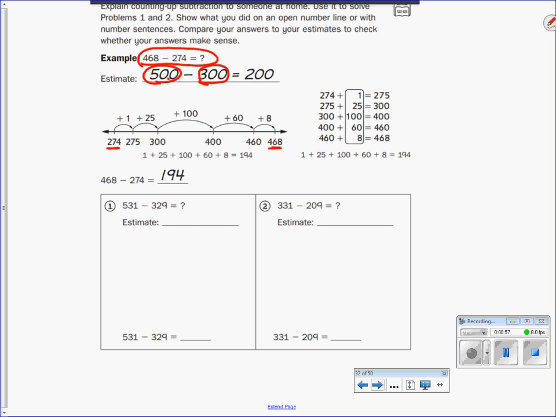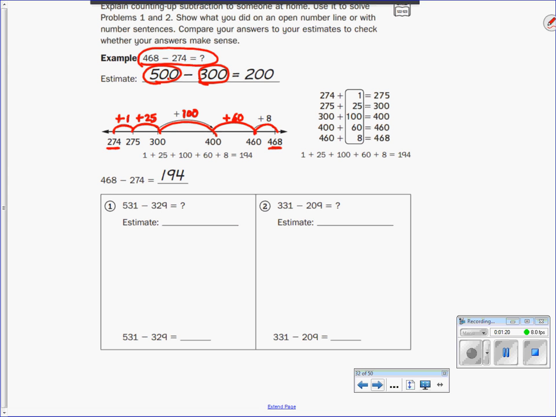So what they did was they went from 274 to 275, and that was my plus 1. Then 275 to 300, I had to add 25. From 300 to 400 was plus 100, and from 400 to 460 was plus 60.